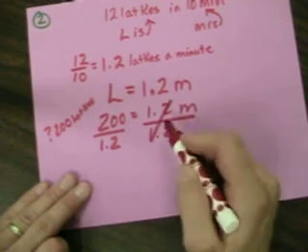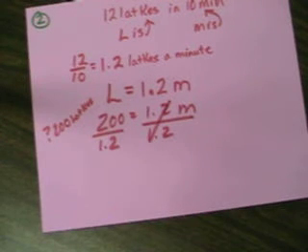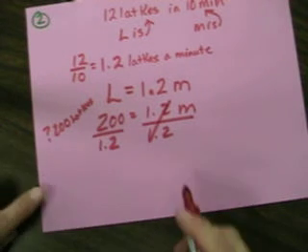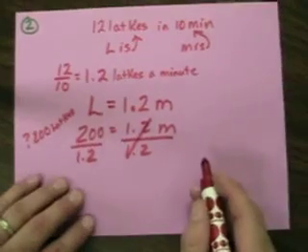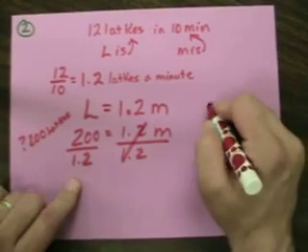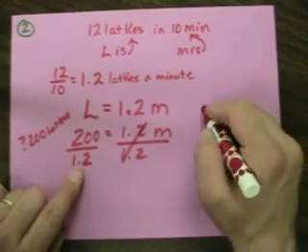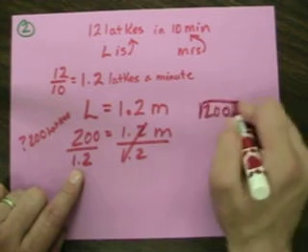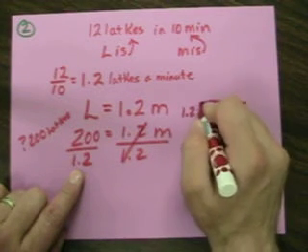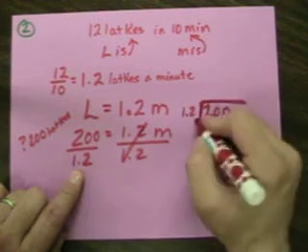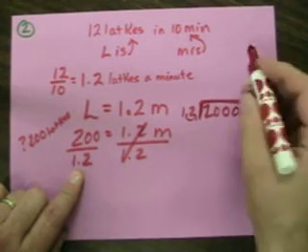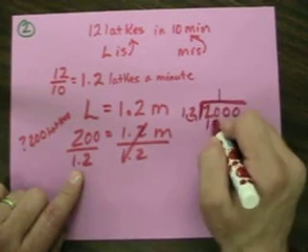And if I do that, I'm going to get, as I said, I don't have a calculator, so you get to see me do a little bit of long division real quick. So 200 divided by 1.2. Move the decimal. Okay. If you do not know how to do long division, that's fine.